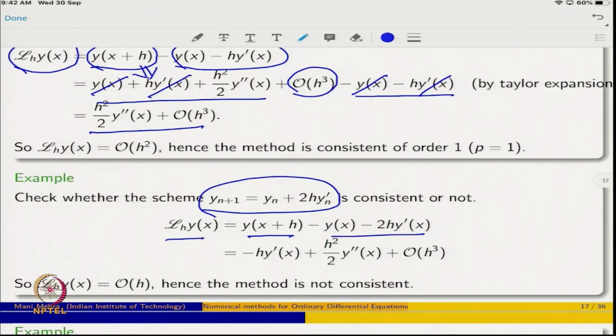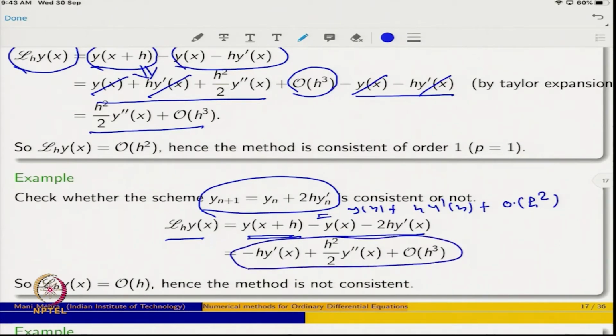So, again if I write the Taylor series of these points, then this will be equal to y(x+h) y dash x plus order of h square. So, this is the term I will be getting after rearranging terms, because this will get cancelled here.